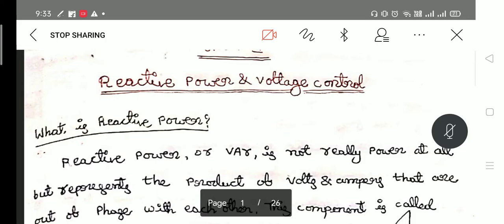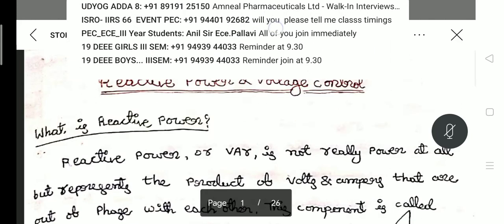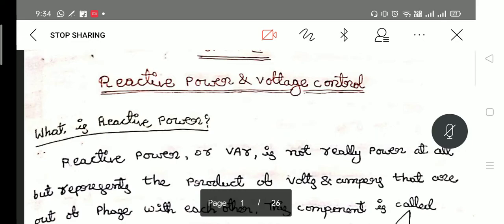Both active and reactive power together are called apparent power. We pay for the total glass, but we require less liquid, because in the glass we get some foam, and that foam is waste.